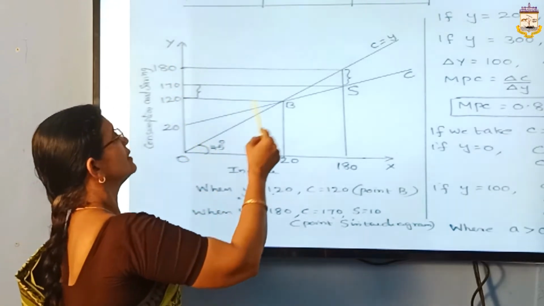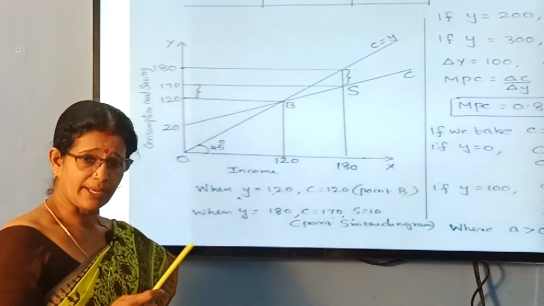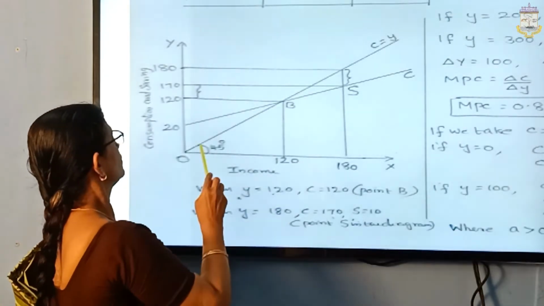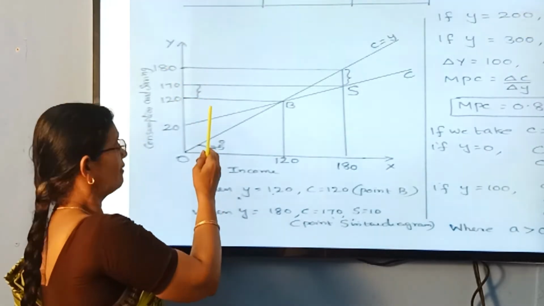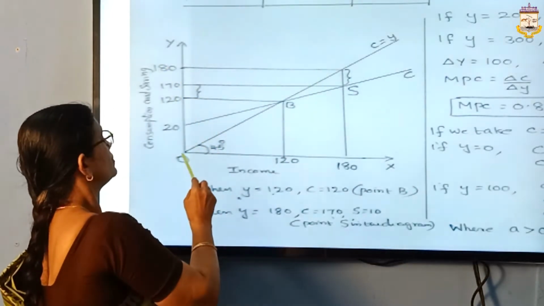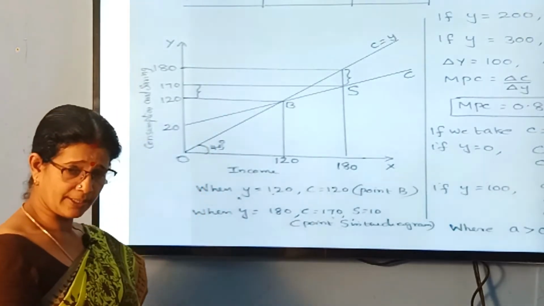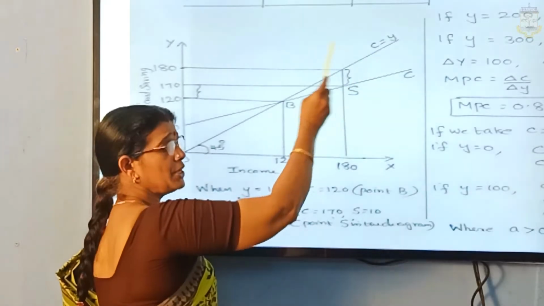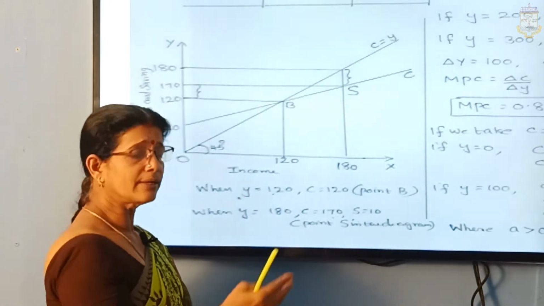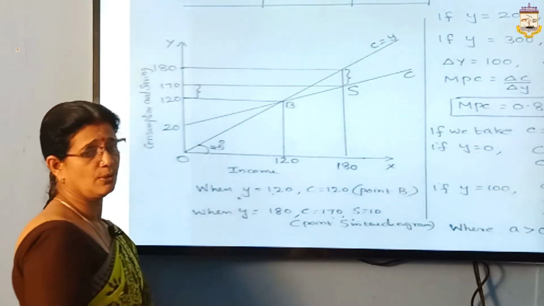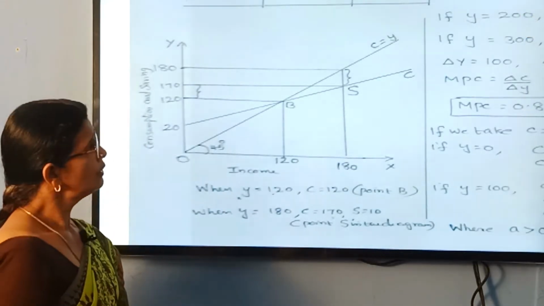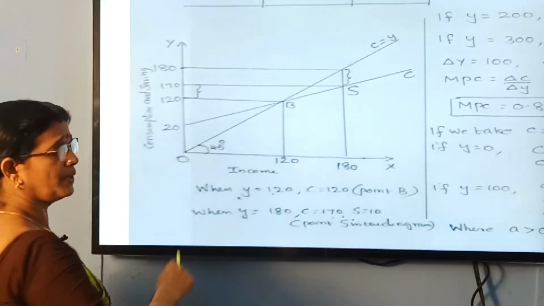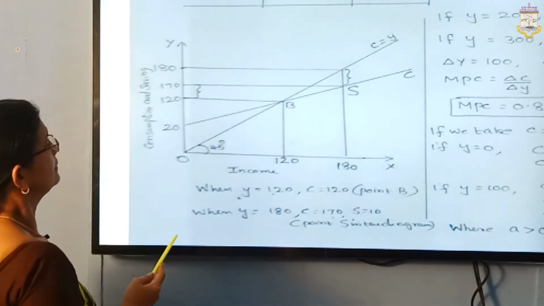In that case, this 45-degree line explains income-consumption equality or equilibrium. So this line is through the origin, a 45-degree line. This line can be expressed as C equal to Y, because the whole income is spent on consumption. So income equals consumption, is what the 45-degree line says.